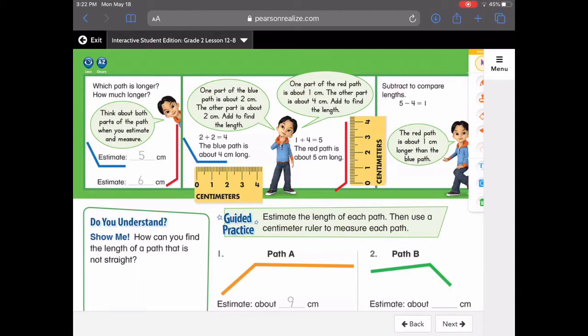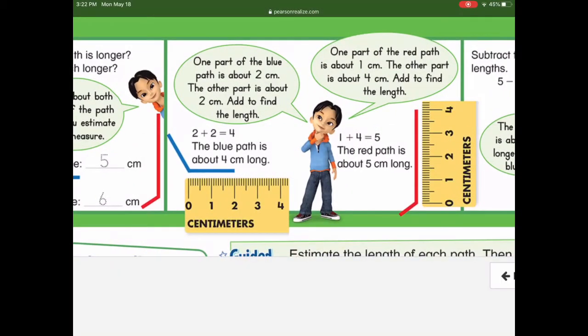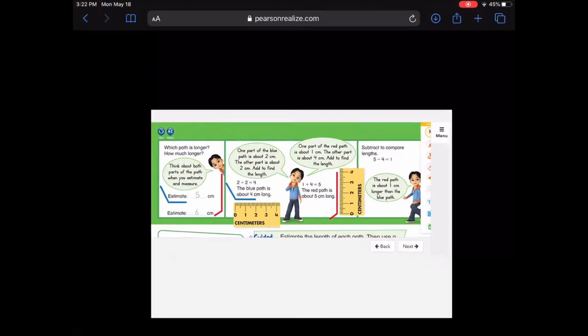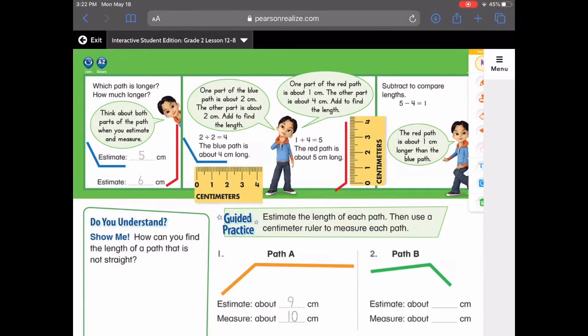One part of the blue path is about 2 centimeters. So only one section of that line is about 2 centimeters. The other part is also about 2 centimeters. And you would add them both together to find the length, which means the blue path is about 4 centimeters long.